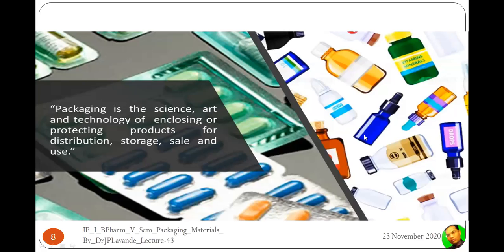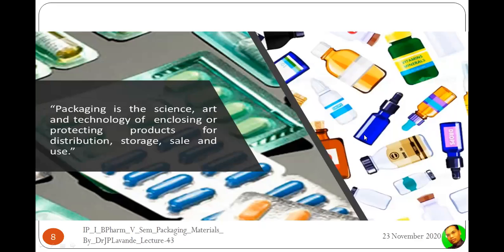What we are doing in the case of packaging is enclosing and protecting the product. Now, what is the need to protect the product? Because we need to sell this particular product, so in order to make it elegant, we need to store this product in order to ensure the quality, stability, safety, and efficacy.